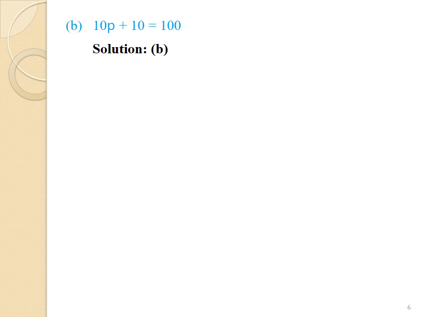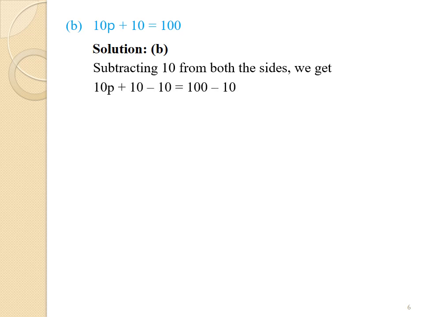First, subtracting 10 from both the sides, we get 10p plus 10 minus 10 equals to 100 minus 10. Cutting plus 10 and minus 10 and subtracting 10 from 100, we get 10p equals to 90.